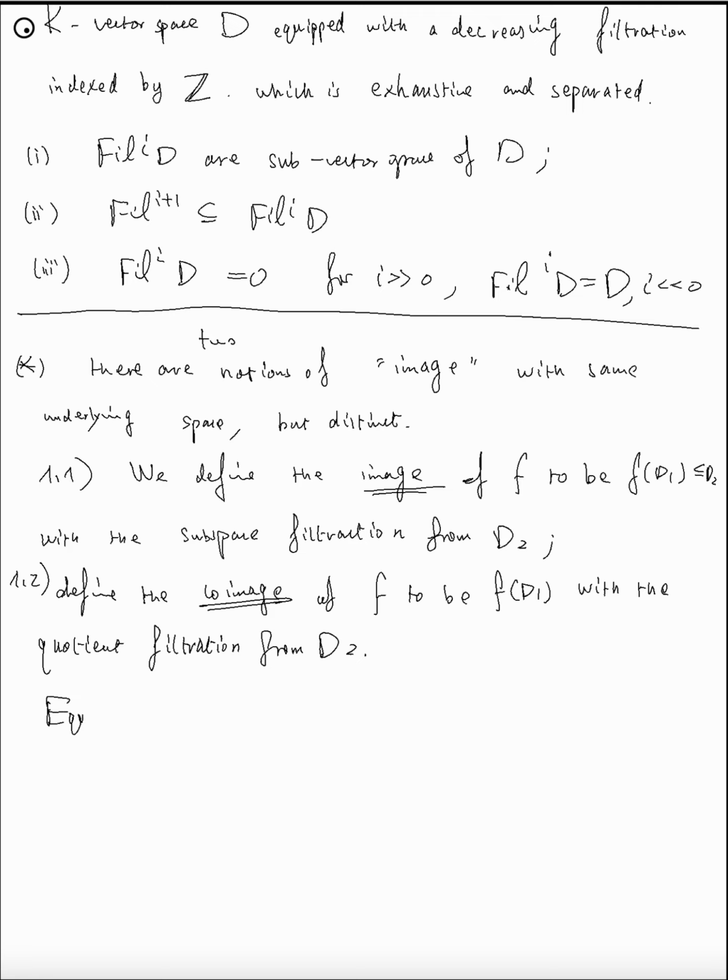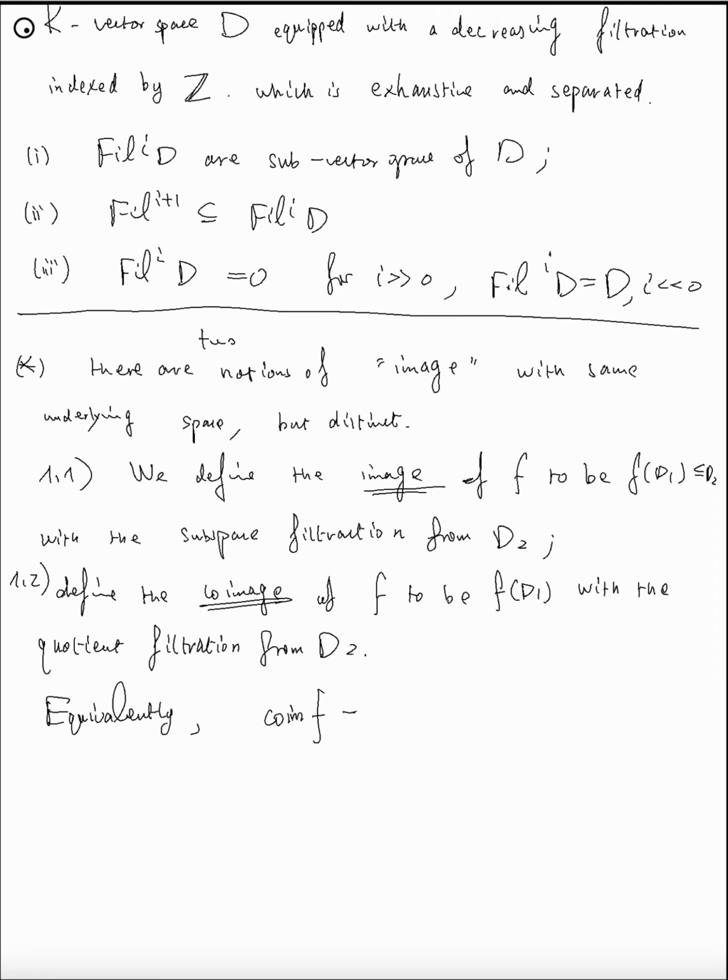Equivalently, the coimage of f is defined to be, so of course, because the category of K modules or R modules is an abelian category, the underlying module of the coimage is always isomorphic to the image.